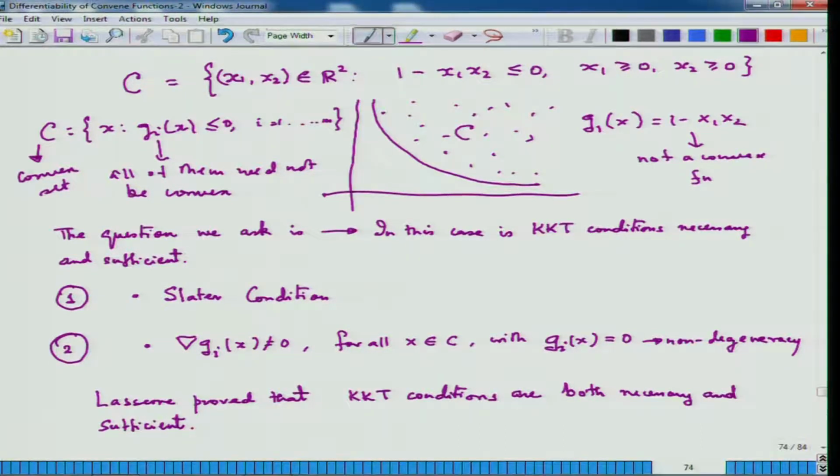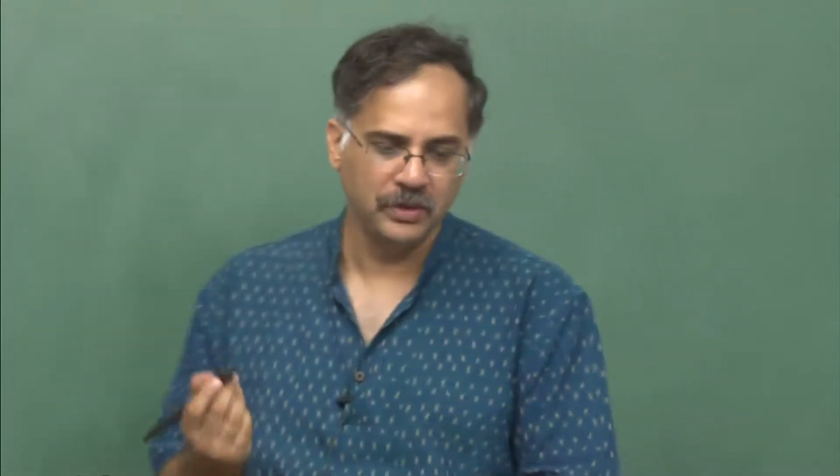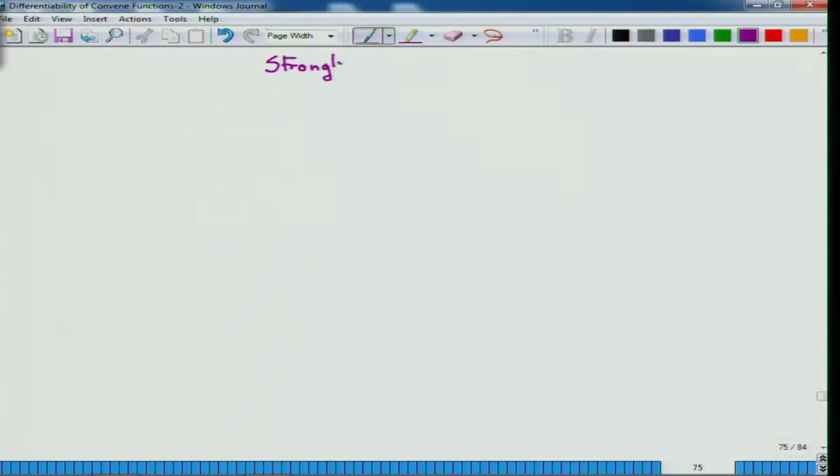So, let us forget that part and let us go into a more interesting part, which is more interesting from an algorithmic point of view, and that is what we will now study: strongly convex functions in optimization, and how strongly convex functions affect optimization.